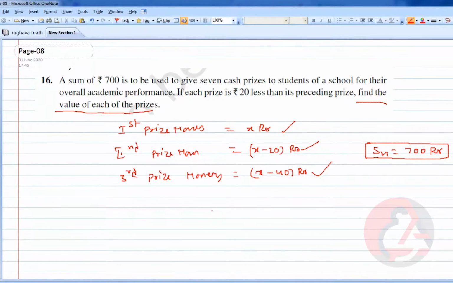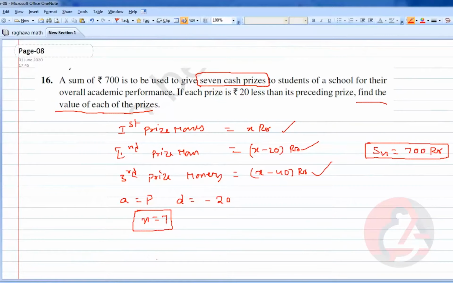First, we start with our first term as x, common difference is minus 20, and he mentioned the 7 cash prizes. See here, so n is equal to 7.